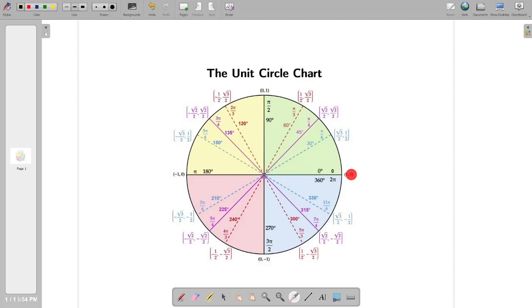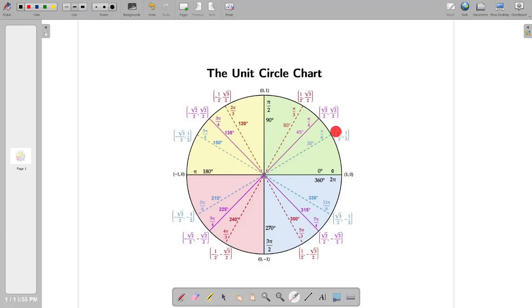And it happens right here, very first point, 1, 0. Our y value is 0. This means that the t value, 0 radians, is not in the domain of cotangent, nor is it in the domain of cosecant, because we have a 0 for our y value, and cotangent is x divided by y, and cosecant is 1 divided by y. If 0 is in the domain of those two values, then we would be dividing by 0, which is not possible.